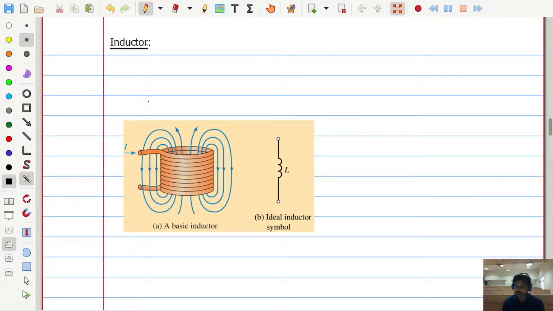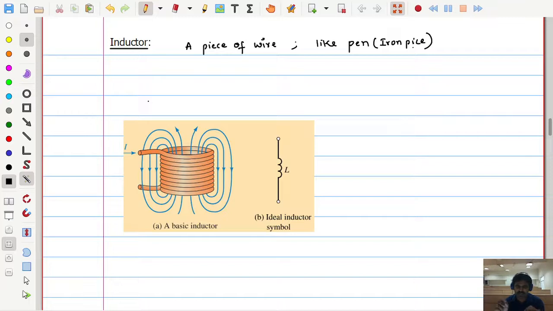First let us see what the inductor is and how we can form it. Take a piece of wire, and take any object, like a pen or some iron rod or iron piece. You can see in your pens some spring is there, right?